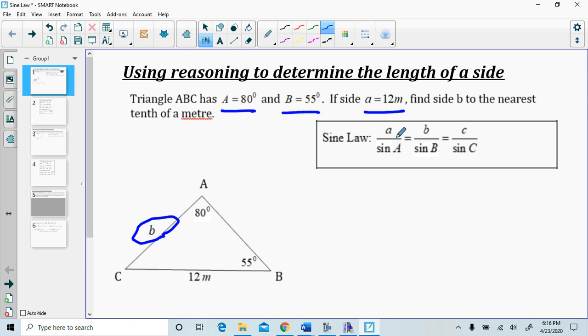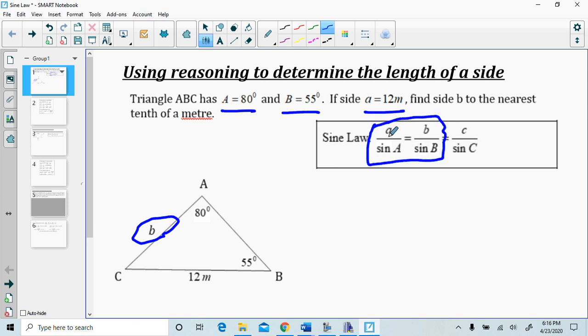We don't need to really worry about what the letters are. It could be X, Y, Z, but it's all about positioning in this case. So we'll stay consistent with where the measurements and the angles are. So to find side length B, we're going to use B, obviously, and we're going to use A, because A has two measures that we know, the angle and side length.